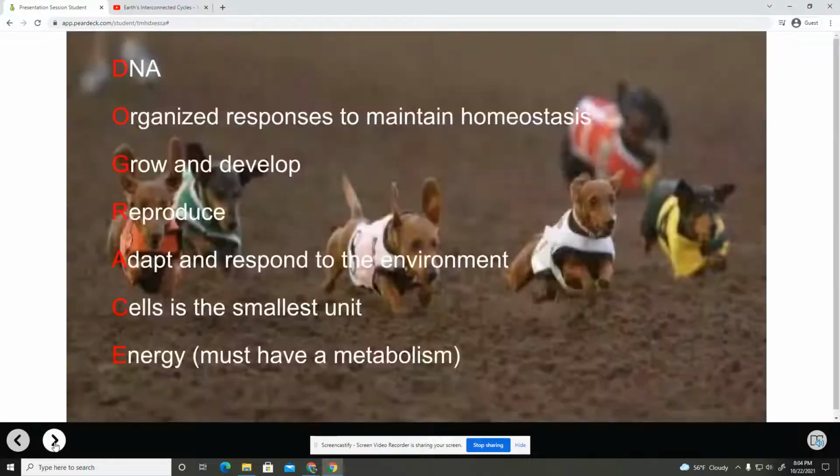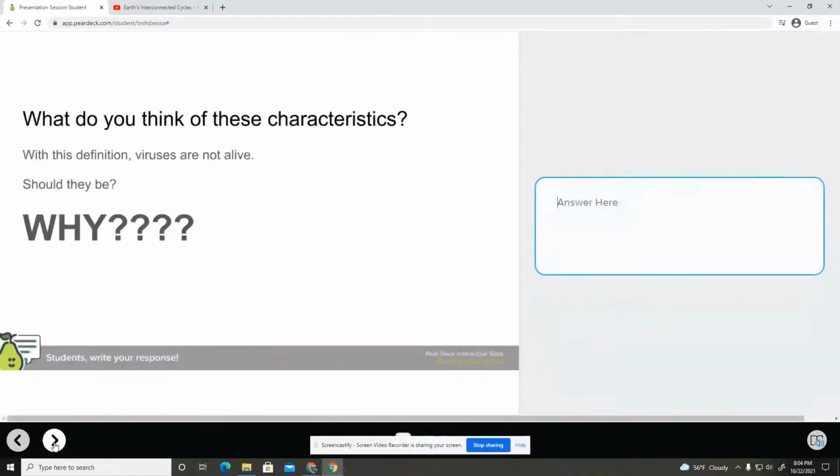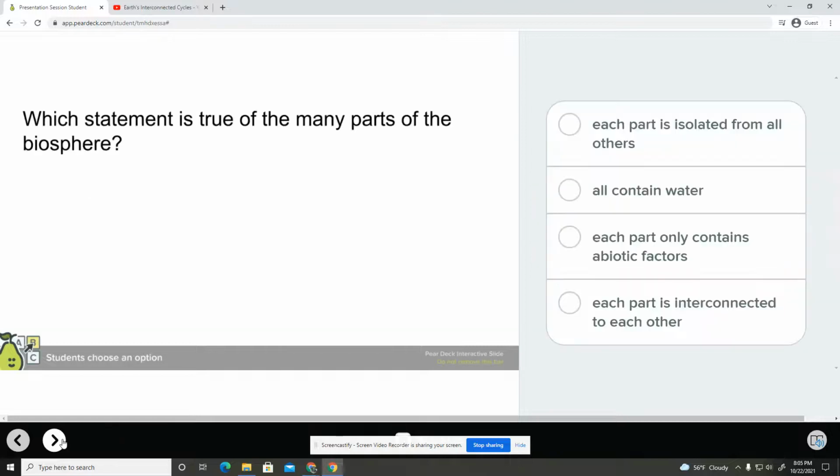Then you have to have DNA. It seems like a lot of you are struggling with knowing these characteristics of life. What do you think of these characteristics? With the definition, viruses aren't alive. That's something for you to consider.